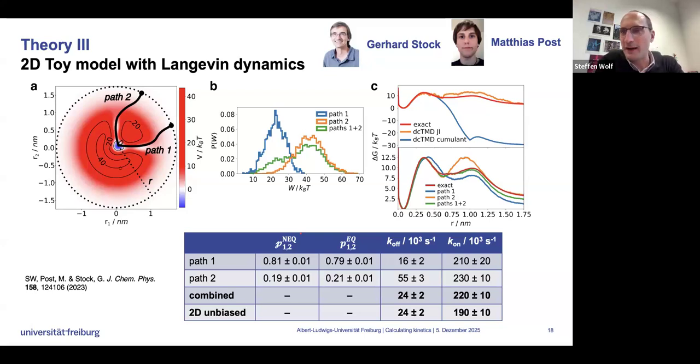There's a lot of work by Parrinello and others at the moment to build machine learning models for so-called committors. Committors are essentially a way to describe the transition pathway, the transition path positions. It's another approach to solve the same kind of problem.